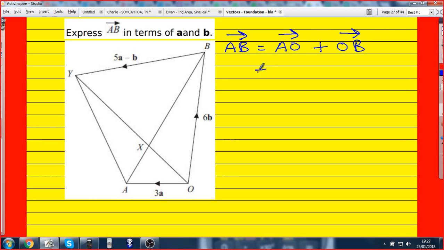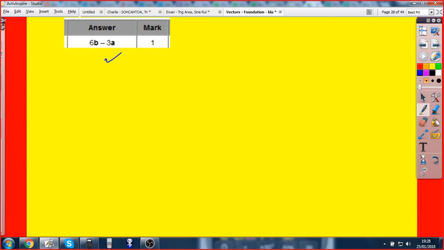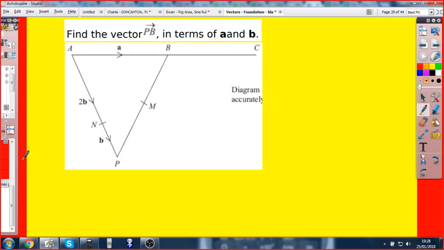So then it is minus 3A plus 6B. So then that's 6B minus 3A. Any questions there? No. Okay, how about this one?